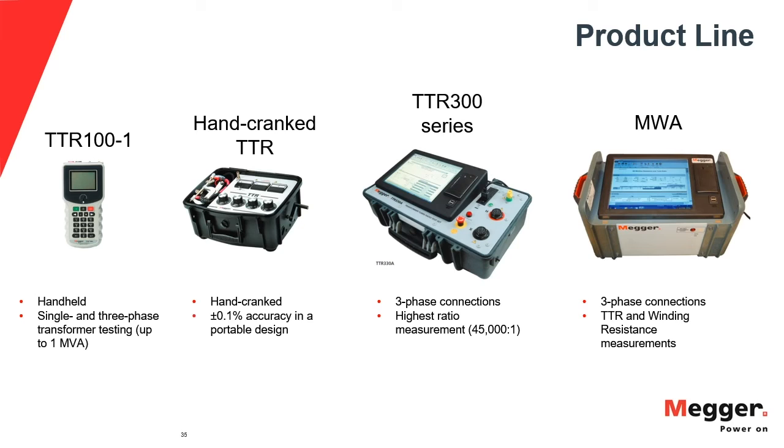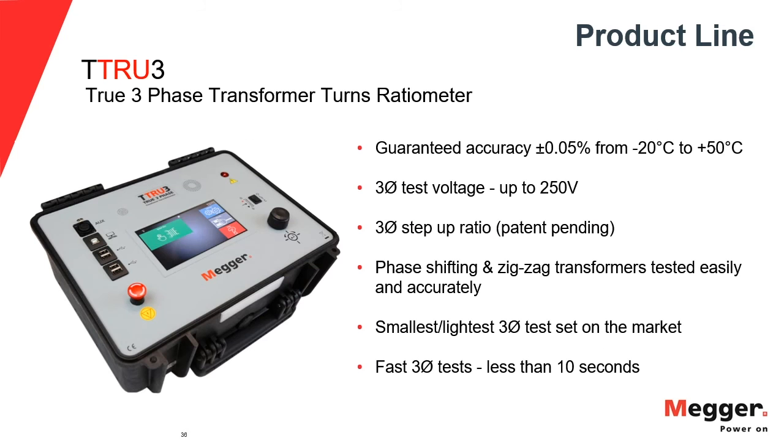Then we're going to the MWA, which is also a three-phase unit, that will allow me to connect to the three phases of my transformers, but will measure the TTR on a phase-by-phase basis. It will offer me also winding resistance measurements. That's the nice thing about this unit, it's a combination, so I can do TTR and winding resistance without changing leads on my transformer.